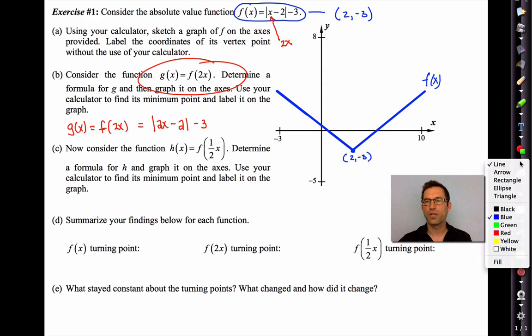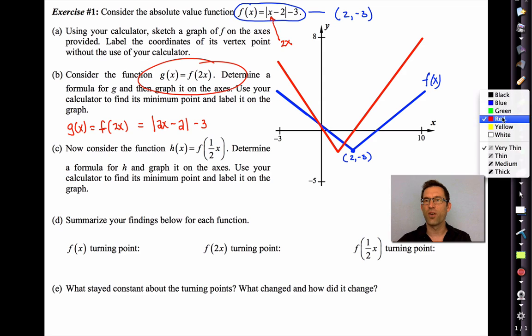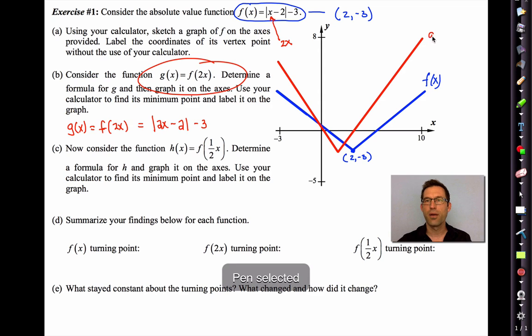There we go. Change this back to red. I want to make sure that we get certain things really accurate on here. So we end up getting a function that looks more like that. I like that a lot better. And that's g of x. And what we find is that it now has a turning point at 1, -3.